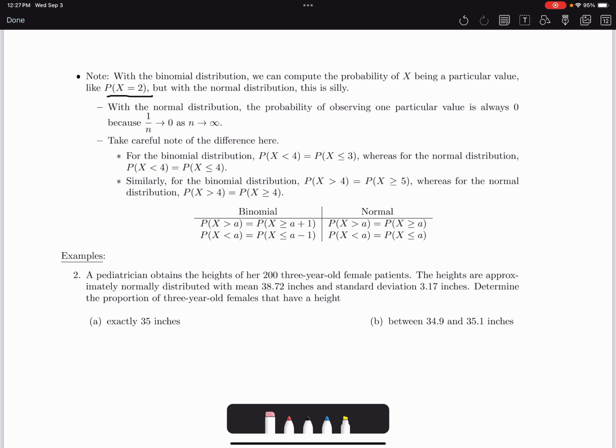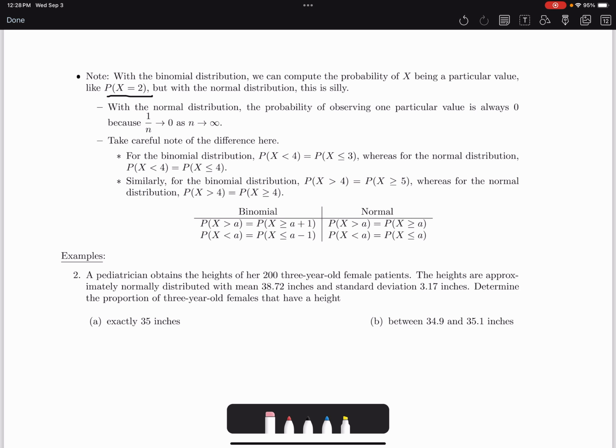So anyway, this is why for a continuous variable, like a normal variable, the probability that x equals a particular value is always going to be 0. This has downstream effects when we go to compute probabilities in Desmos, okay? Because unlike the binomial distribution, there's no correction necessary for the normal distribution.